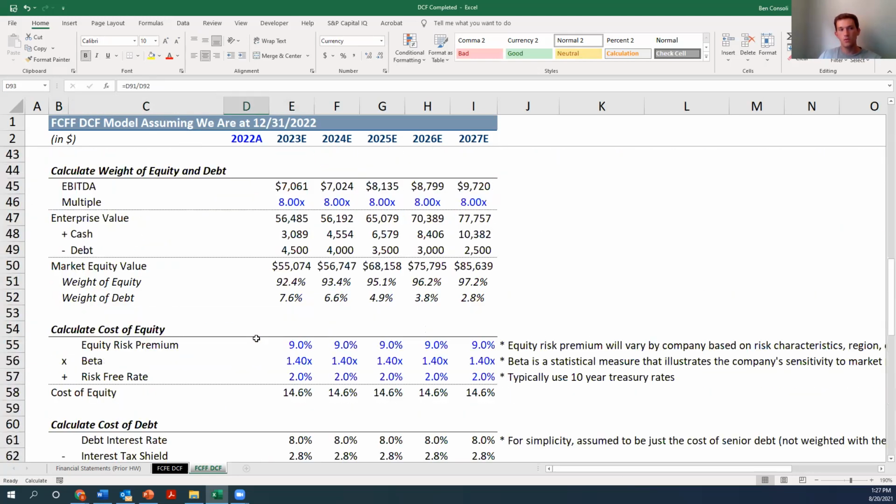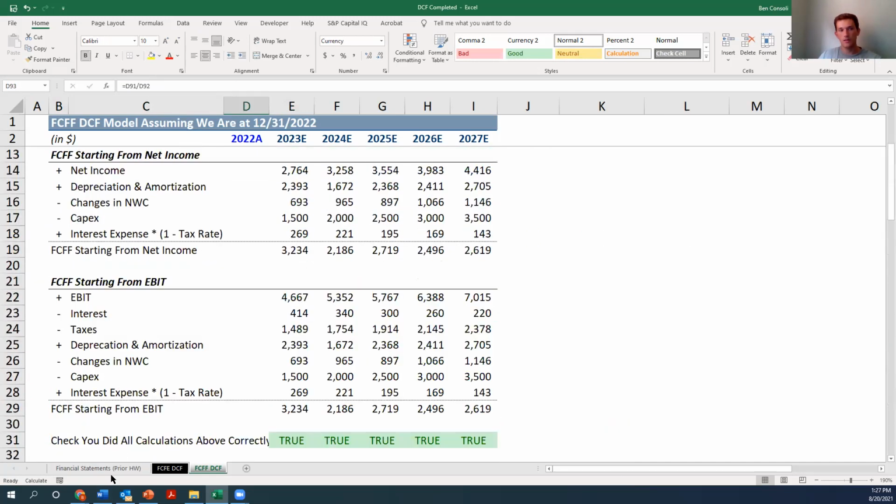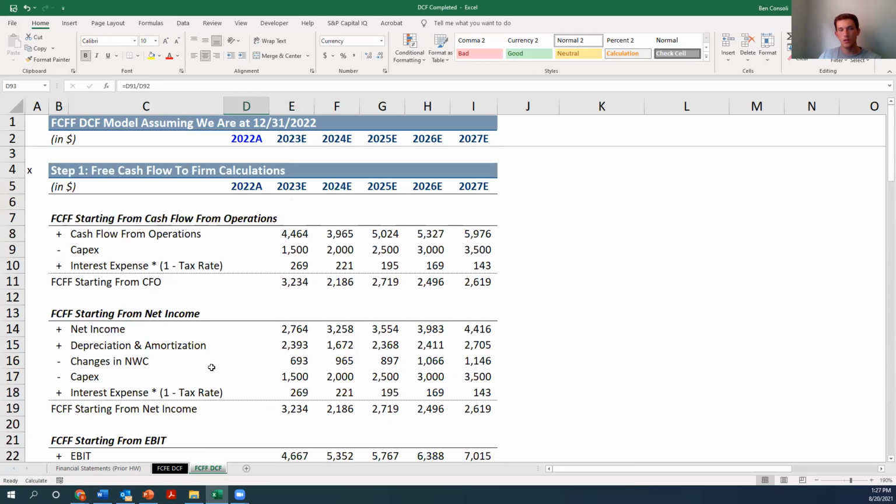So you'll see once you build out the financial statements like you guys did in the last homework, it's quite straightforward to build out a discounted cash flow model.